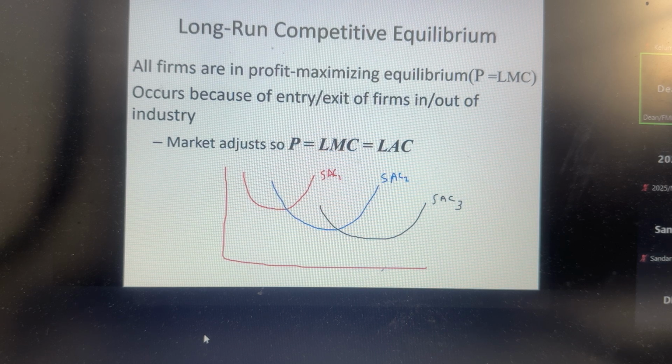Now suppose you want to produce, this is quantity, this is cost, Q1 level of output. To produce Q1 level of output, which plant is better? A small size plant or medium size plant or large size plant?